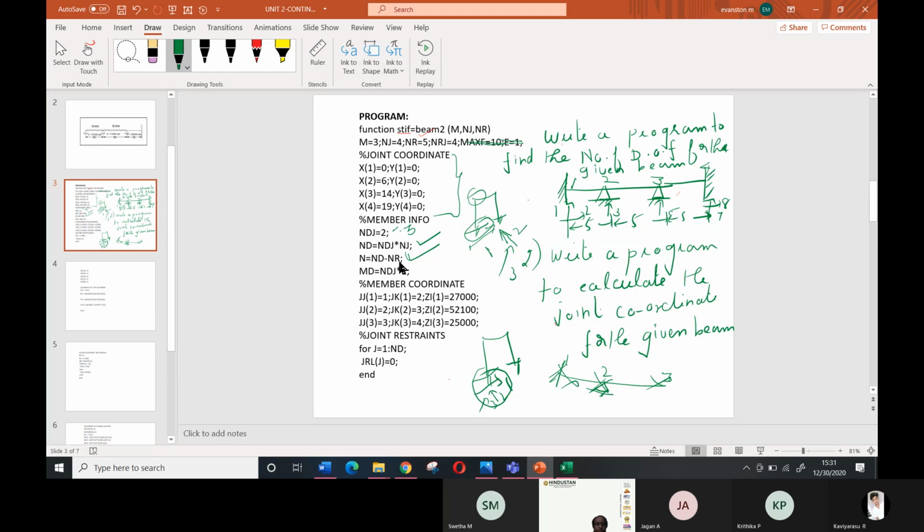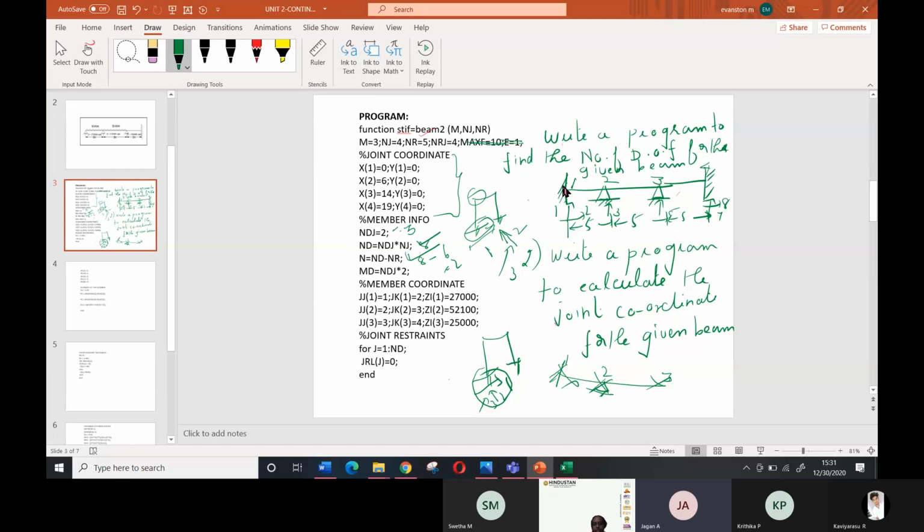What is n? What is the answer for ND you will get? NDJ into N, so it is 2 into 4, 8. Okay, 8. What about the degrees of freedom for this joint? 8 minus 6, 2, ma'am.